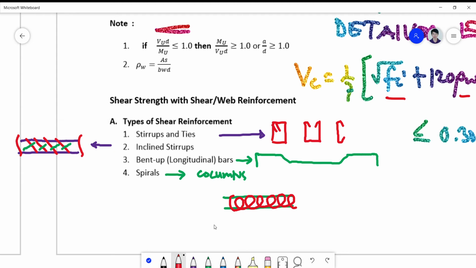In this lecture, we are going to focus mainly on the stirrups and inclined stirrups, because these are the most commonly used for beams.